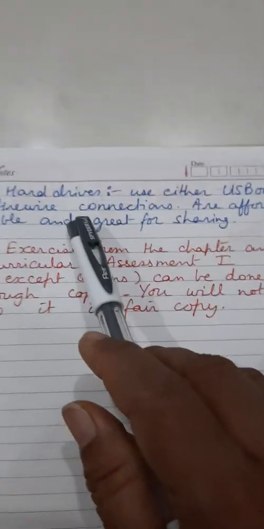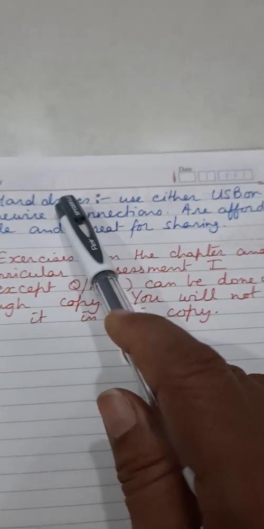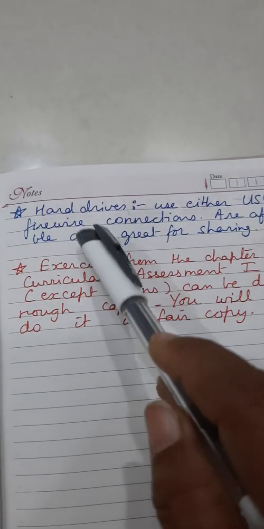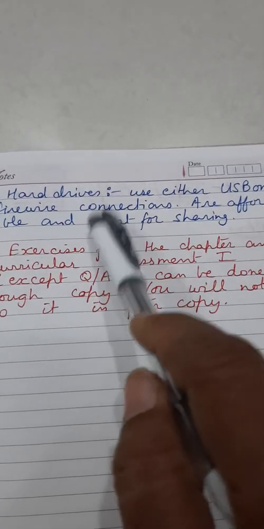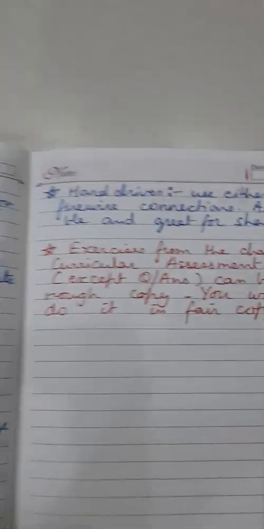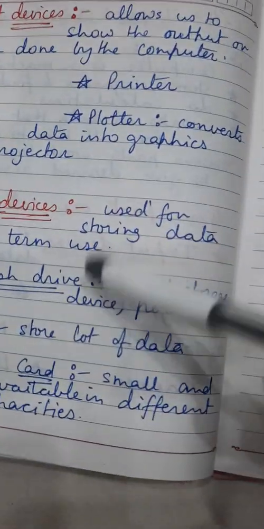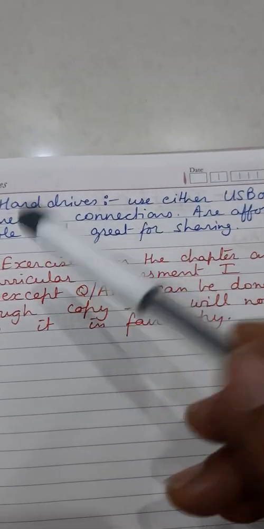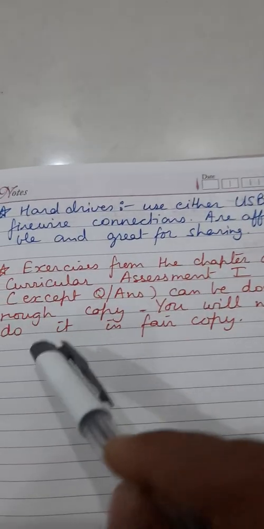Then hard drives, these are external hard drives. It can use either USB or firewire connections. It can get connected to computer and it can store a large amount of data, more than these devices. And these are very affordable and they can be used for sharing also.